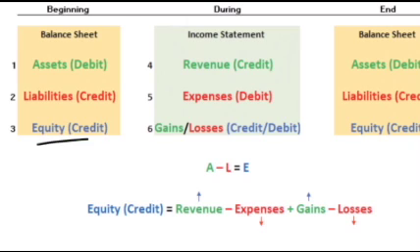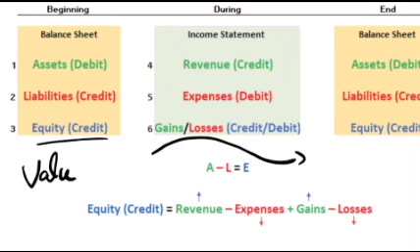When we're looking at the value of a company, the value of the company changes throughout the business transactions that occur throughout the year. Because the value of the company changes through the transactions that happen during the year, we could rewrite the formula as equity equals revenue minus expenses plus gains minus losses.